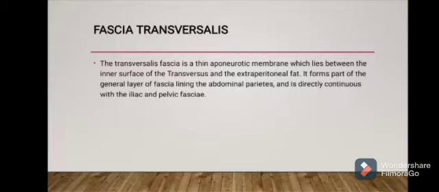After we pass these muscles, we come across fascia transversalis. Fascia transversalis is a thin aponeurotic membrane. It lies between the transversus abdominis muscle and extraperitoneal fat.